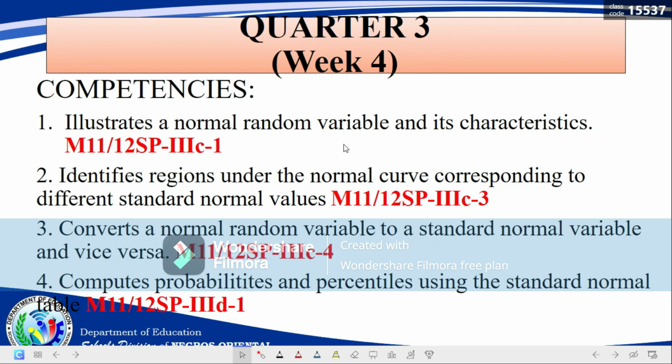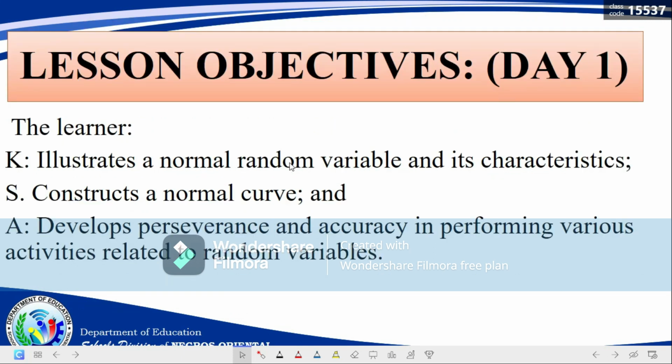In this case, we will just be discussing the first 2 competencies. The first would be illustrates a normal random variable and its characteristics, and identifies regions under the normal curve corresponding to different standard normal values. That would be discussed during day 1 and day 2. Okay, let's start with day 1.